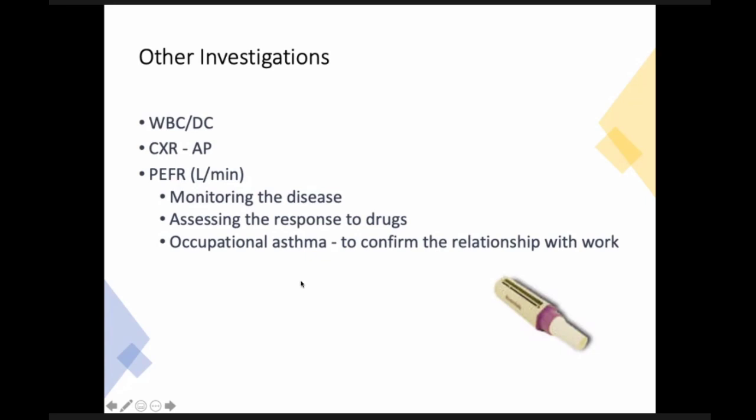If you monitor continuously with the peak flow rate every day, when the patient is working at work and when the patient is out of work, and there is a drop in the peak flow rate when he is working in the factory, then we know that his asthma may be related to the job he is doing. So it's useful in that way also, to confirm the relationship with work, by monitoring while at work and off work.